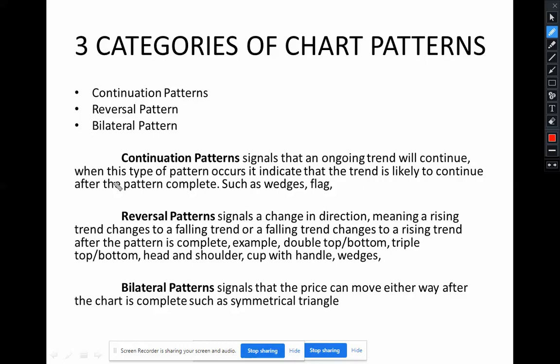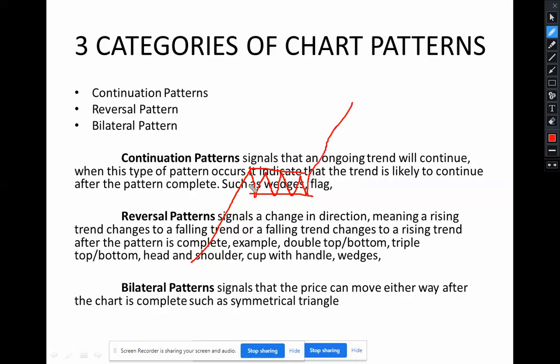So when you want to trade a continuation pattern, you have to identify what kind of pattern you are trading on. Most especially, the best pattern for continuation is the flag pattern, because when the market is moving like this, it should continue, but the market stops in a range, in a small consolidation, finding some strength to renew its movement.